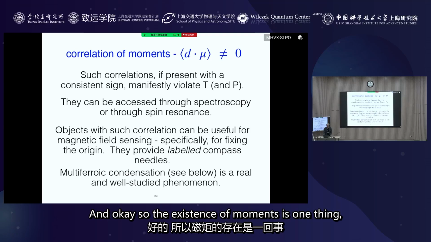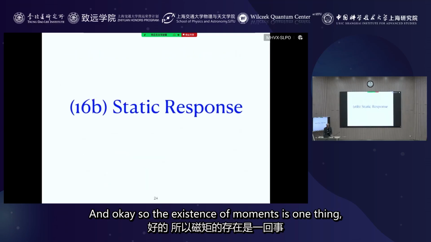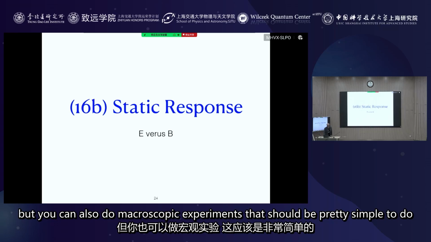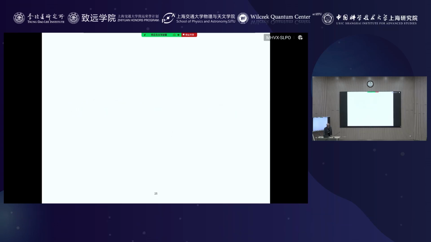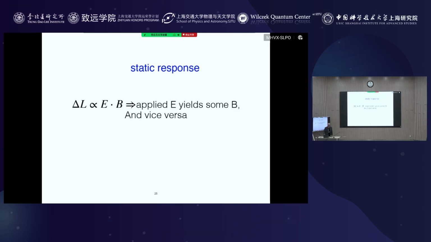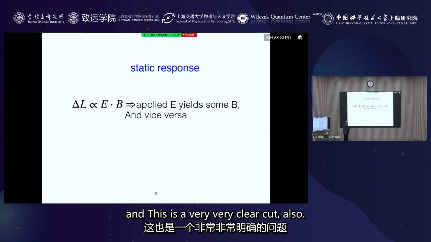Okay, so the existence of moments is one thing, and you can access the moments, but you can also do macroscopic experiments that should be pretty simple to do on a large scale with many materials to see if you have a breaking. And this is very, very clear cut also.